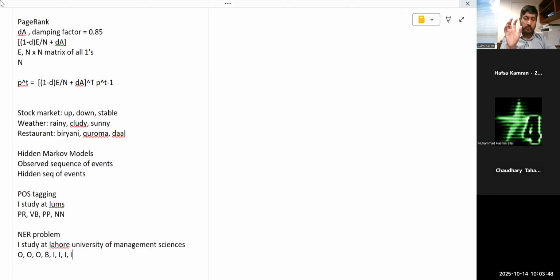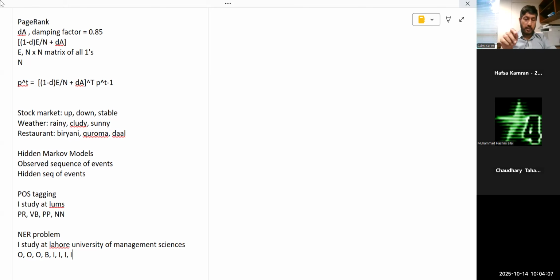In this particular case, we want to find the name of a university. So the tags are usually BIO. B basically stands for the beginning of a named entity, I for inside of a named entity, and O is other, not a named entity.